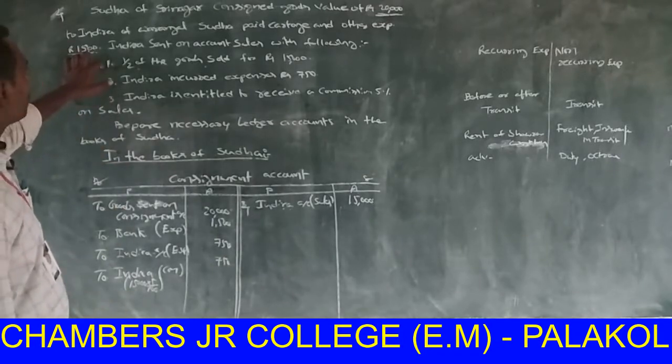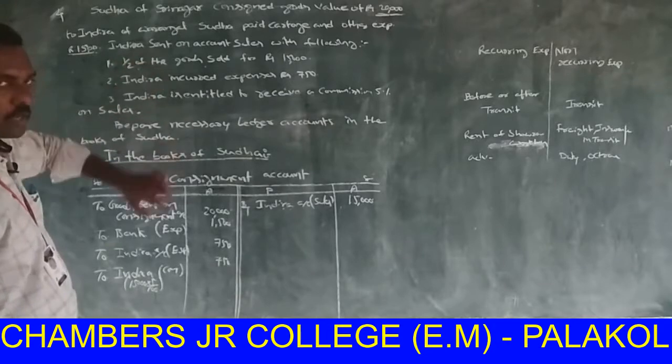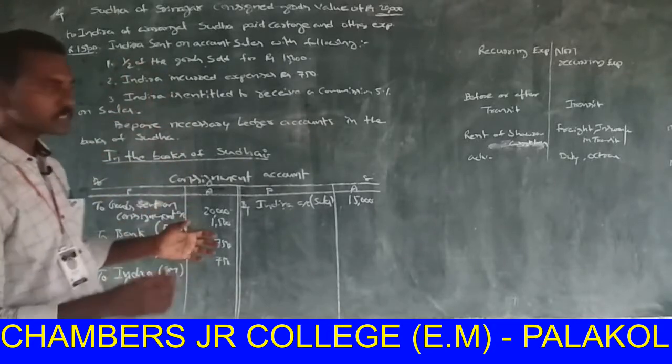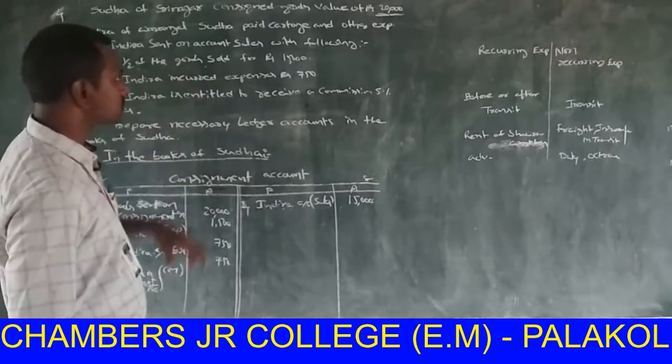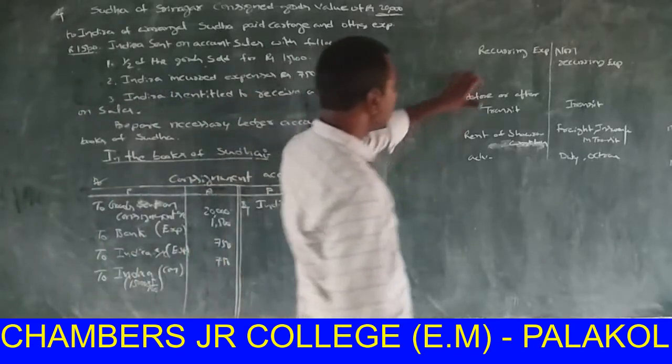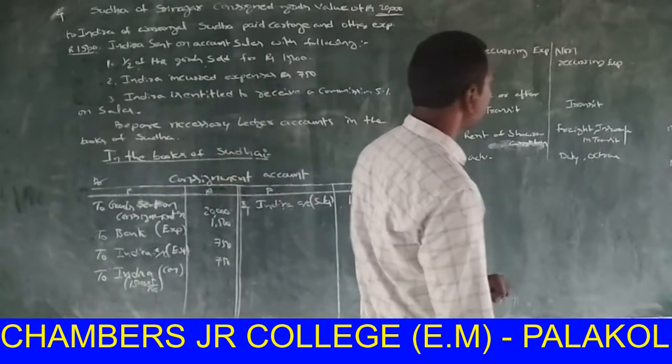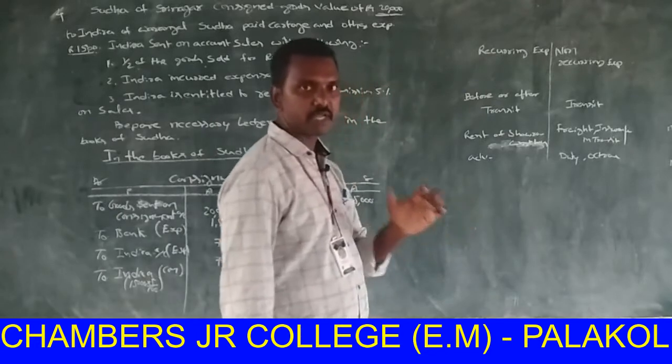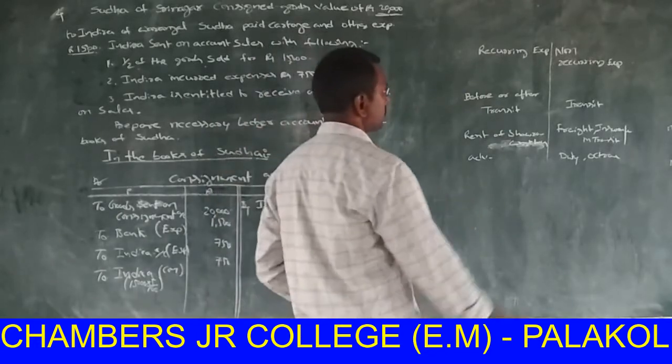Now, before calculation of closing stock, half of the goods sold and the remaining is closing stock. Before that, you should know the difference between recurring and non-recurring expenses.